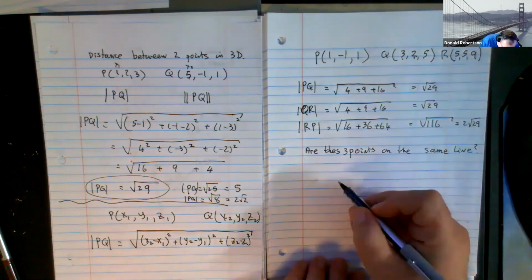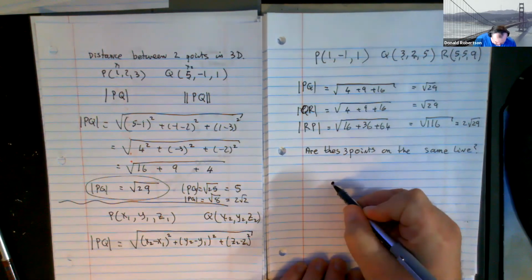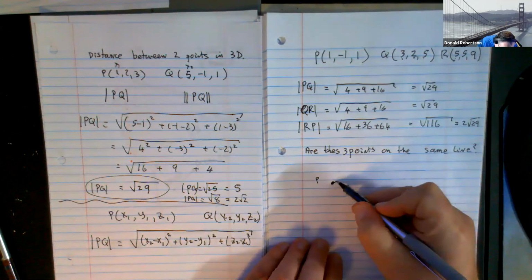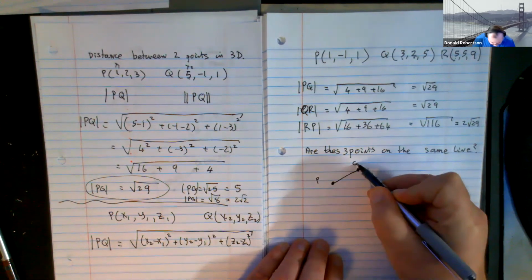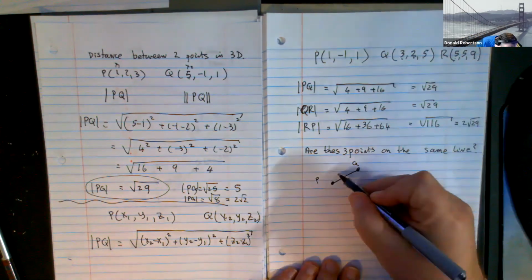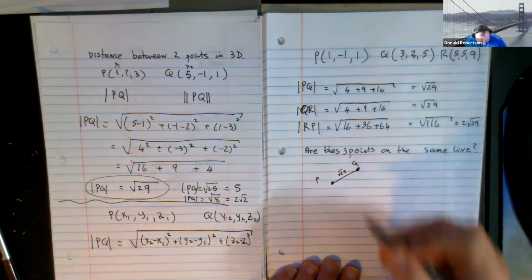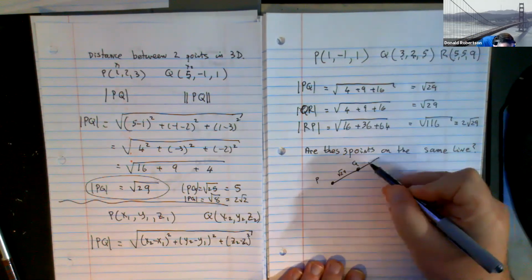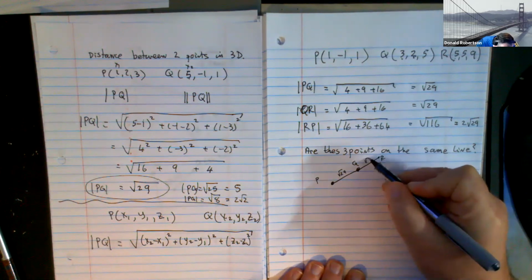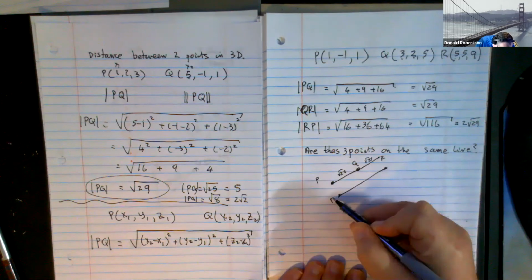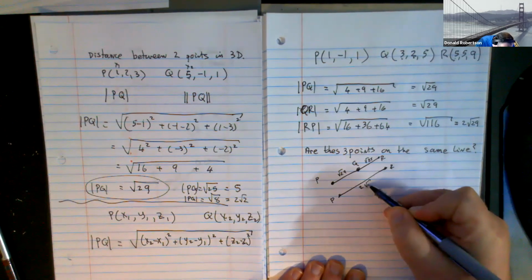So I'm making no attempt to do this in 3D, but can you imagine this is P? Now, if you imagine here is Q, obviously 2 points are going to be in a straight line, would you agree? And the distance between these two is the square root of 29. Now, Q to R is the square root of 29, and P to R has a length of 2 square root of 29.